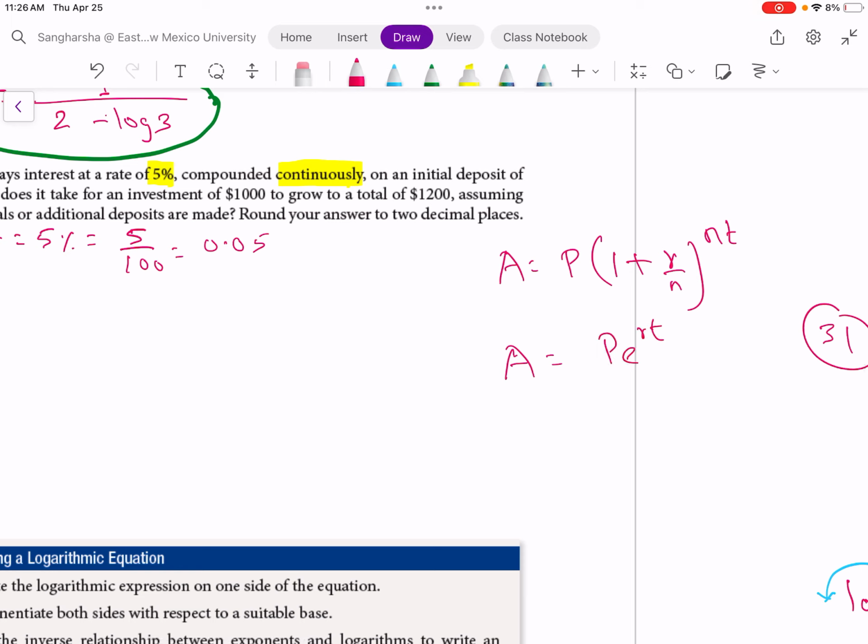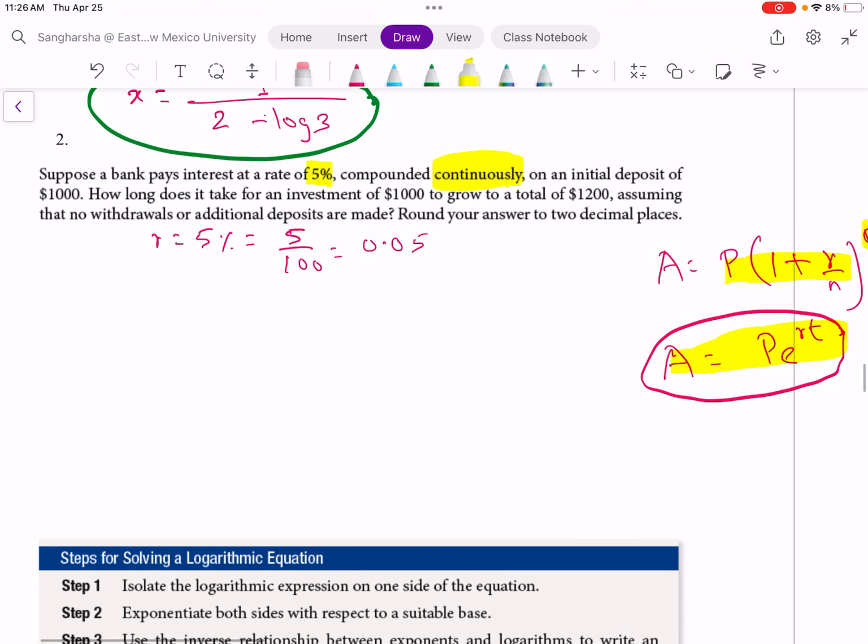At what condition do we use this one? When interest is compounded continuously. If your interest is compounded annually or semi-annually, if you know N, then you use the first formula, but we don't know N. If there is the keyword continuously, you always use this expression. So we're going to use this formula.